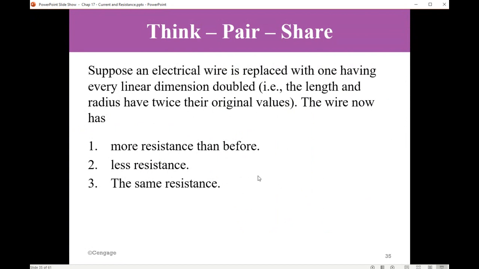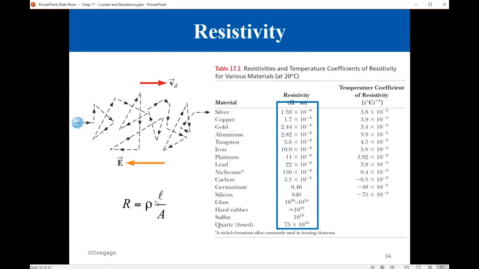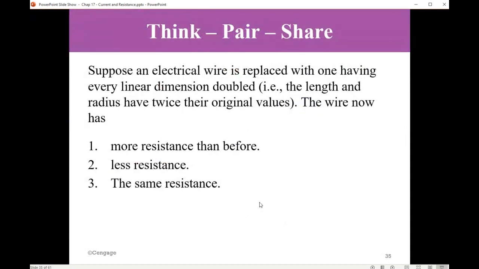To answer this question, you need to go to this equation and see how resistance changes with L and A. So the answer is less resistance, because when you double all dimensions, doubling the radius, because of the square, the area becomes a factor of 4, while doubling L gets a factor of 2. When you have 2 divided by 4, this is 1/2. So yes, the resistance will be less.